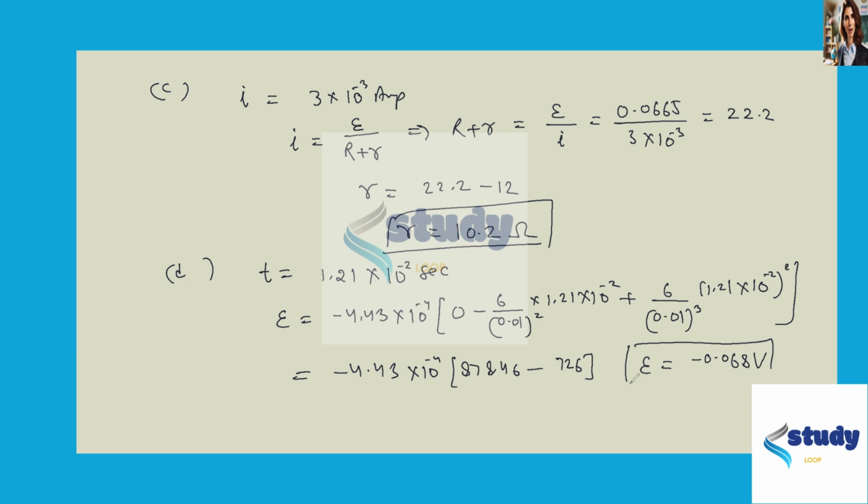And for the direction, if we look at this flux, it will now be positive, meaning the reason behind this EMF induced is outward increasing magnetic flux. So its opposition will be inward increasing magnetic flux as per Lenz's law.